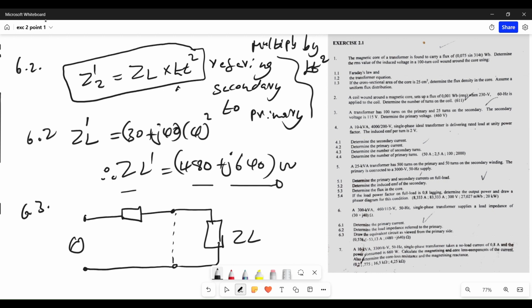This is the supply. This is the approximate Z1. This is Z1. This is Z prime L, and the current that is flowing here is I1. So in this case, I1 is equal to I prime 2. This is how it has to be. The reason I'm saying this is because on the other circuits, you had the magnetic circuit.